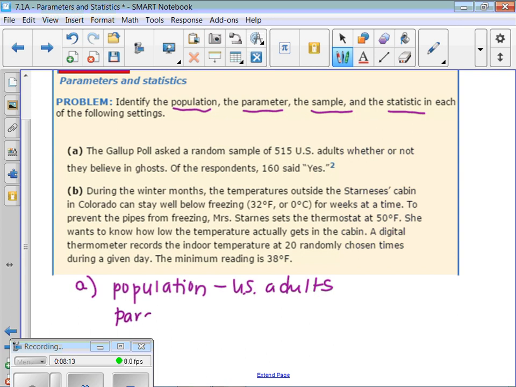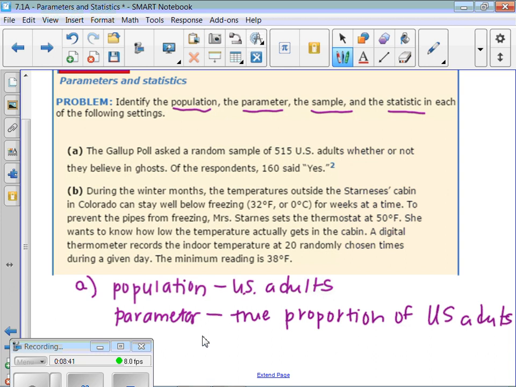And then we have parameter. What is a parameter? All right, so parameter goes with population. We don't actually know it, okay? But it is a number. Anybody know what the parameter is in this problem? What do you think? Yep, the true proportion, because they did a proportion of U.S. adults who would say they believe in ghosts.